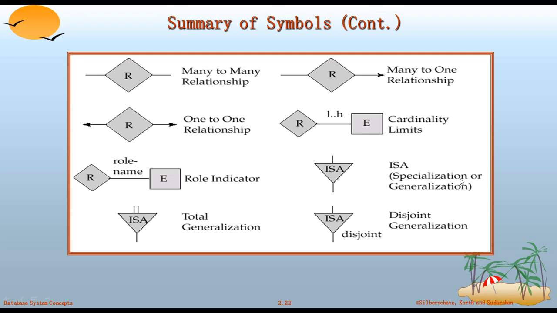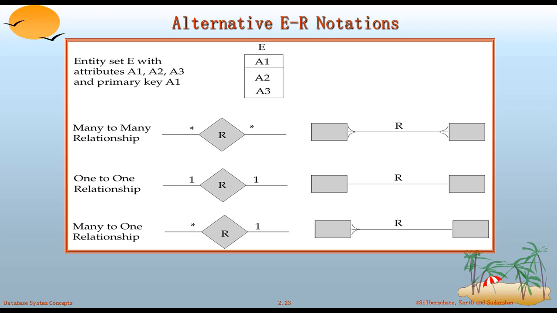ISA specialization or generalization, and disjoint generalization is also represented by a triangle. Alternative notations: many to many is indicated with asterisks, and one to one is indicated with numbers, many as an asterisk and one as 1.